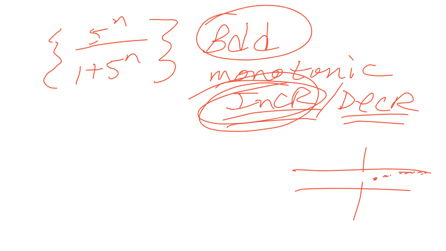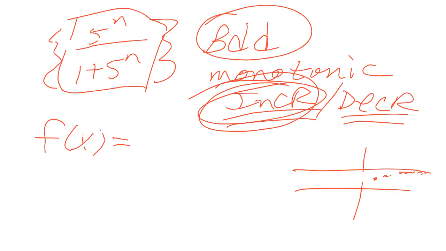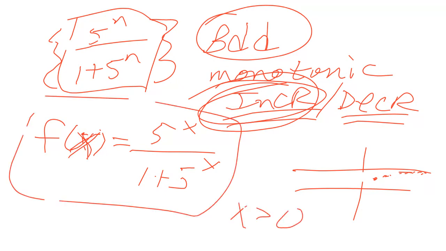Well, let's find out. How could we do that? Let's go back to what we did. If I called this f of x equals 5 to the x power over 1 plus 5 to the x power, I could look at that and say, what type of function is this when x is greater than 0? So if x is greater than 0, what type of function is this?